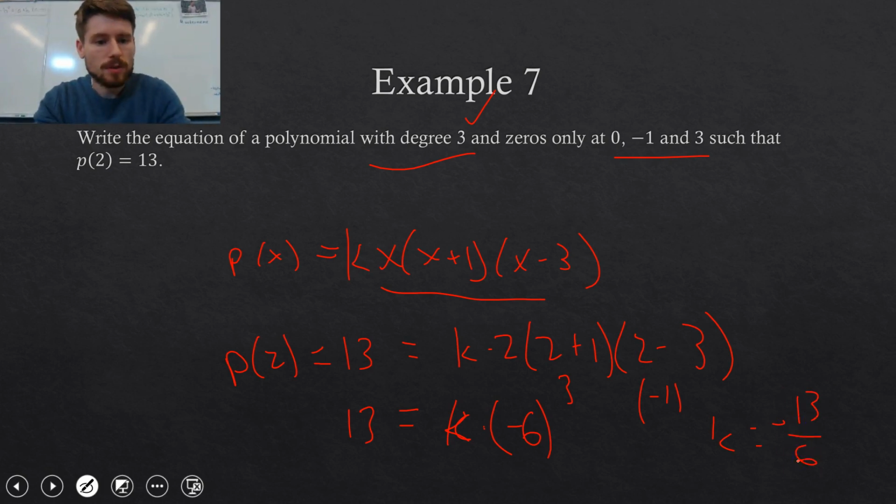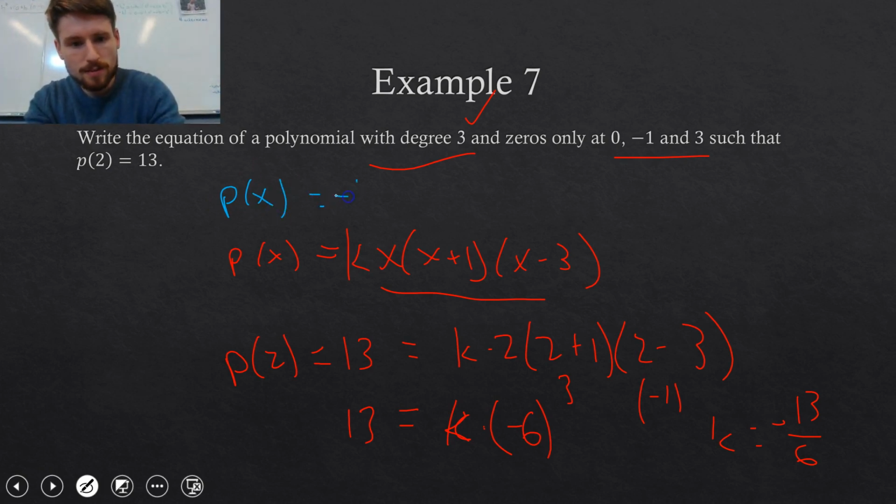So our polynomial would look like, I'm out of room, I'll just use another color, p of x would be negative 13 over 6 times x times x plus 1 times x minus 3.